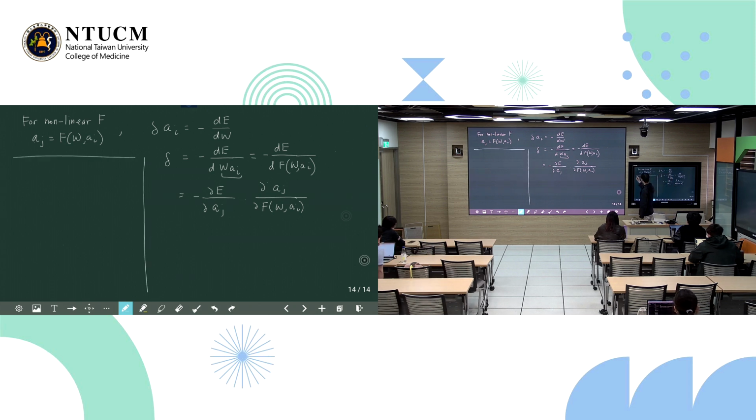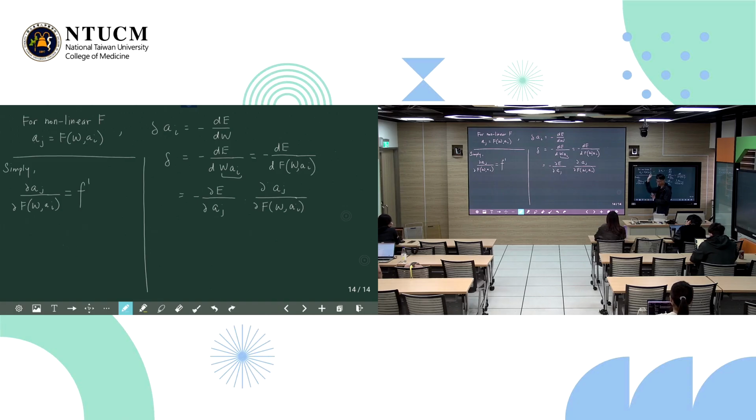But then simply DI by DF of W AI, oh sorry, EJ, right? Yeah, J. How the output changes with respect to this nonlinear function that takes in the original input and all the weights of the model is going to be f prime here, not 1, okay?